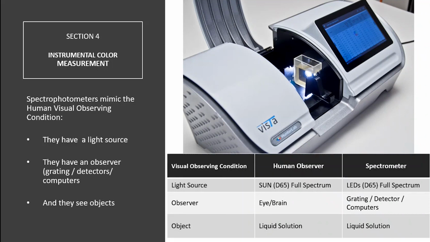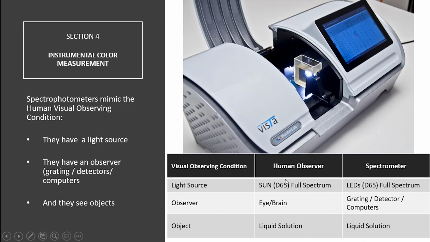So this is our Vista instrument, some of you may be familiar with. If we looked inside this instrument, we would see that there's a light source. For us, we might look at a sample under what's called D65 sunlight, right? Full spectrum. Vista uses LEDs to mimic D65 full spectrum. So it has a light source.